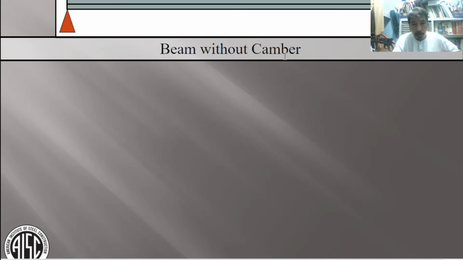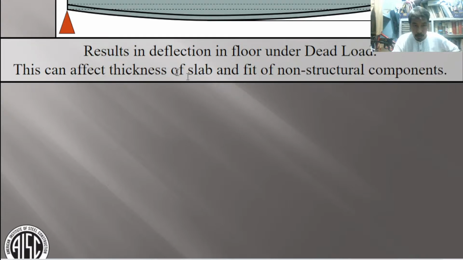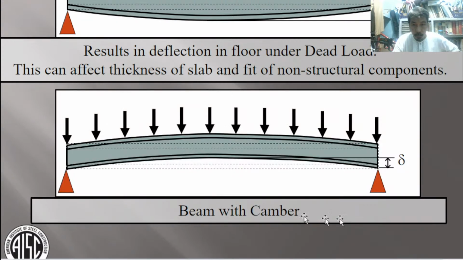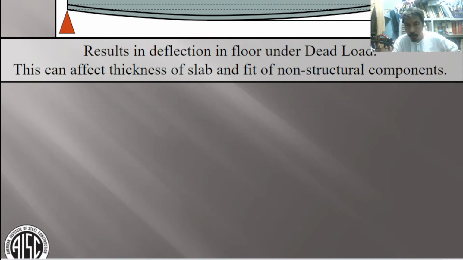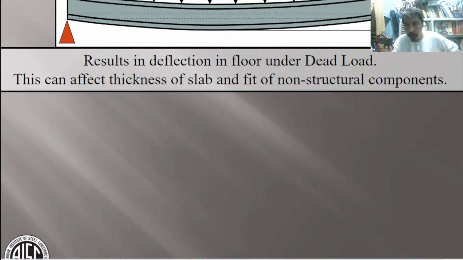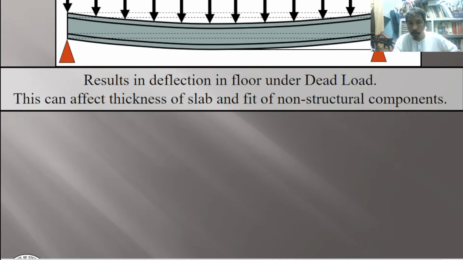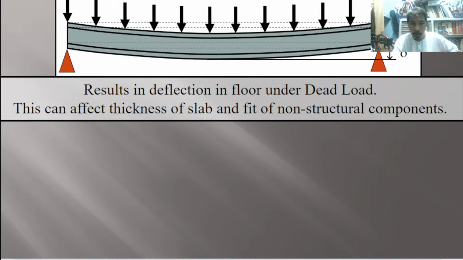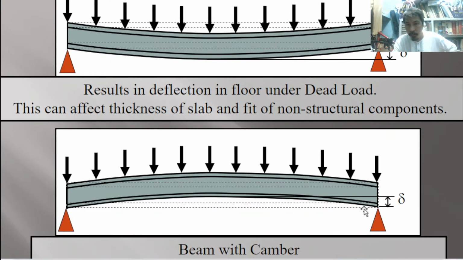So beam without camber results in deflection that looks like that. Do you see the beam without camber here? This is the beam without camber. Now we have a beam with camber.